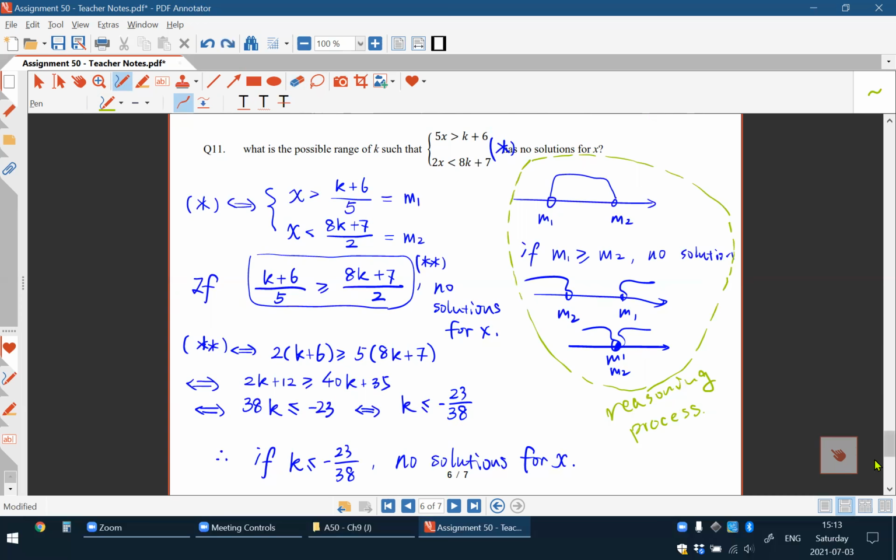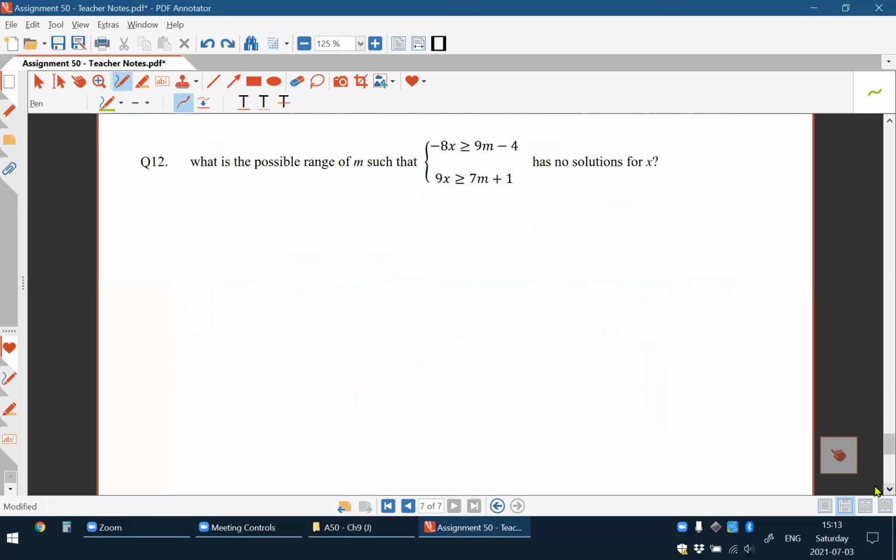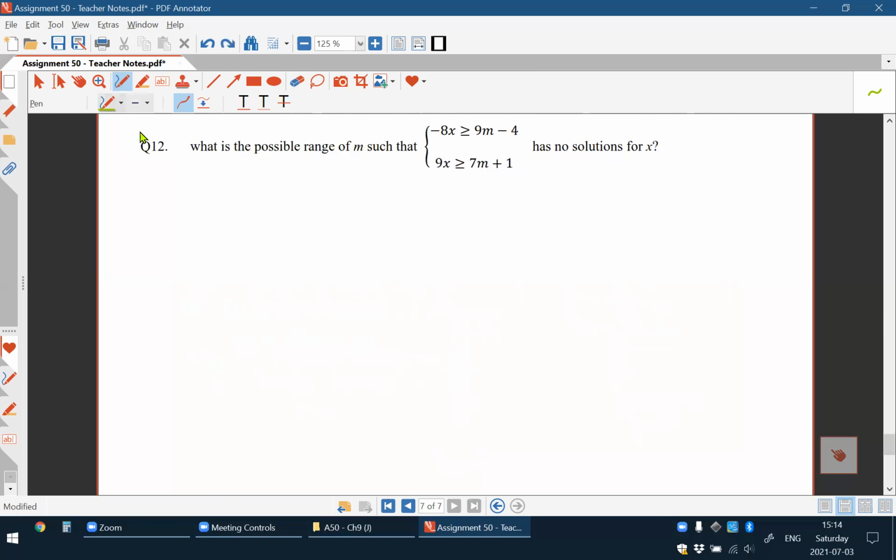No questions? All right, let's see question 12. Actually, these methods are pretty similar, right? First of all, let's try to solve the system first. Okay, let's call this system star. So star is equivalent to, first of all, x is smaller than 9m minus 4 over minus 8.